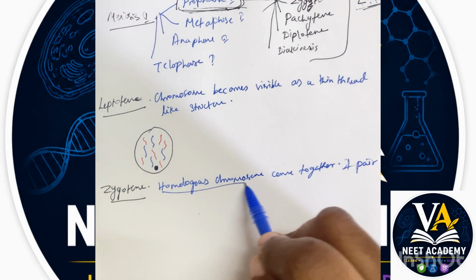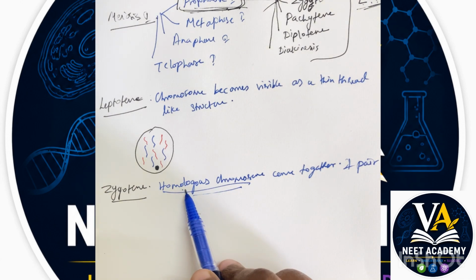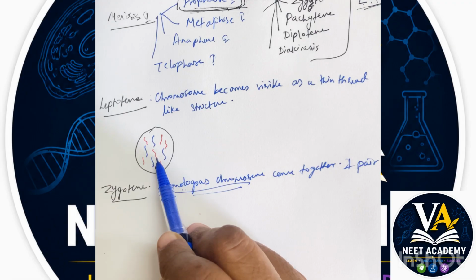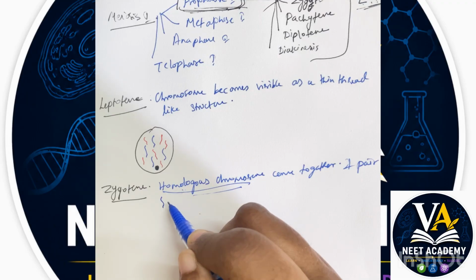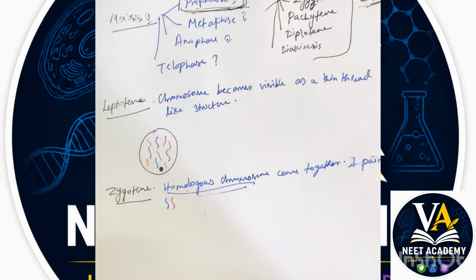Now what do you mean by a homologous chromosome? We get a chromosome from a mother and a father. So homologous means the same kind of chromosome, one each from a father and mother, and they come together.